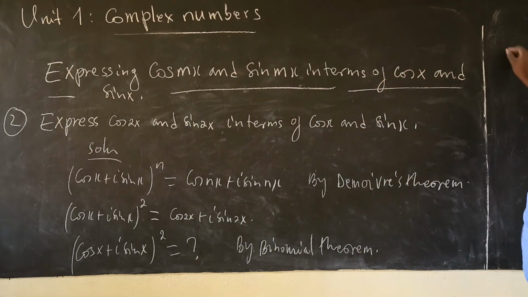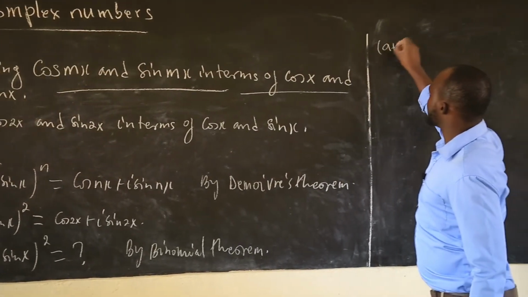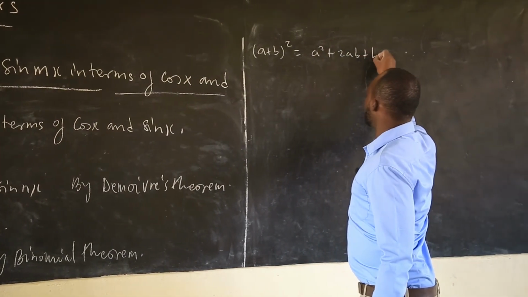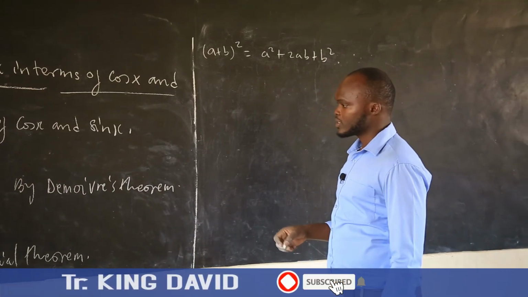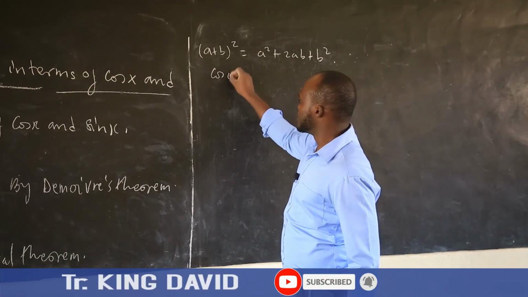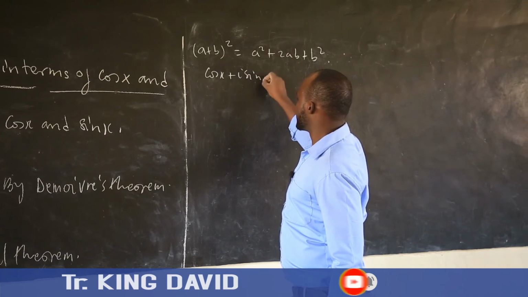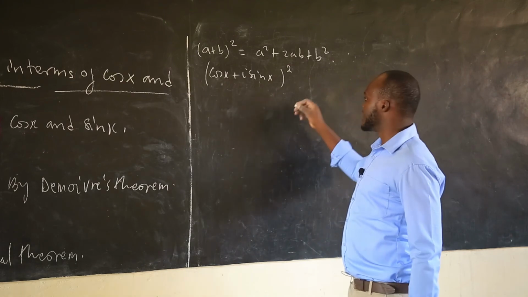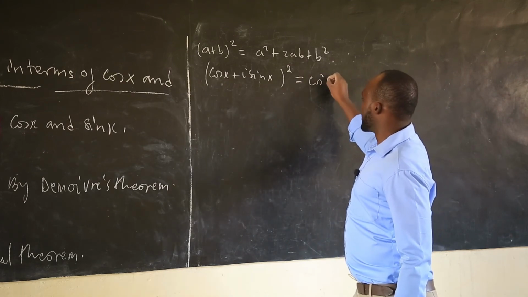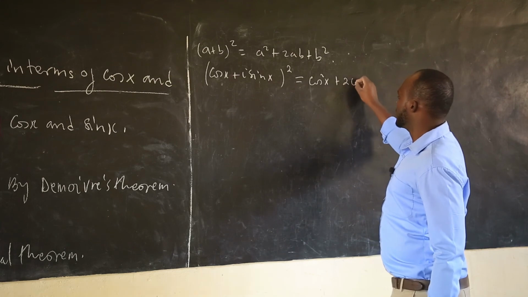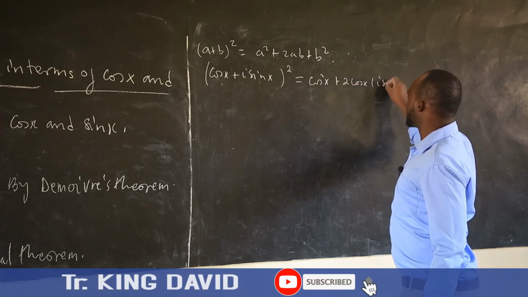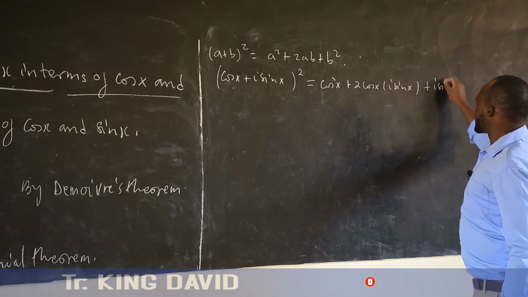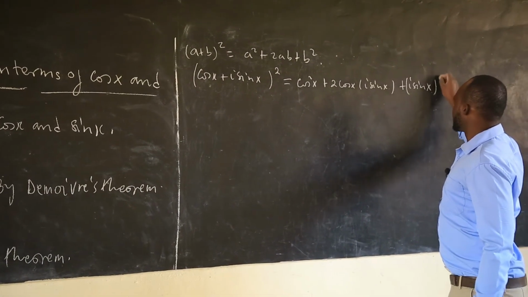Remember, when you have (a plus b) squared, it is a squared plus 2ab plus b squared. So our a is cos x, our b is i sin x, which is cos squared x plus 2 cos x i sin x, then plus b squared, which is (i sin x) squared.